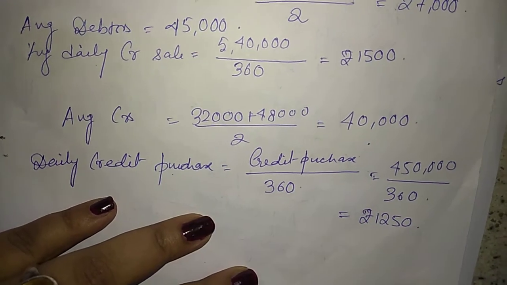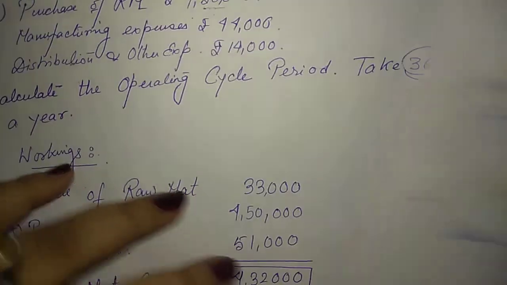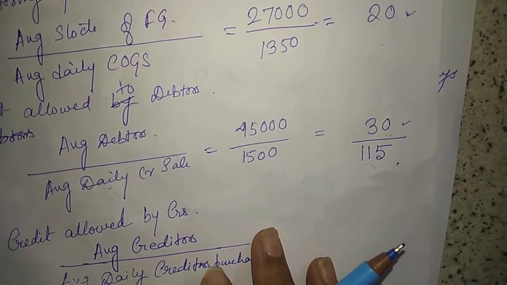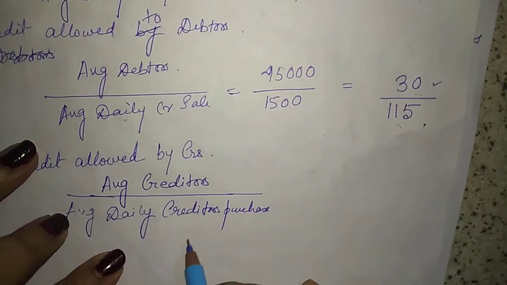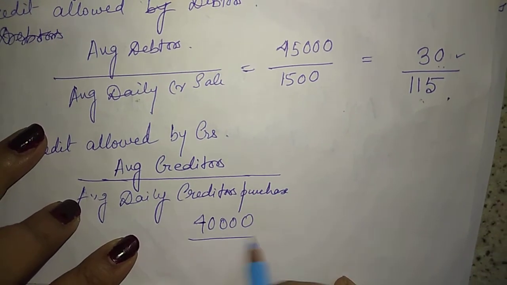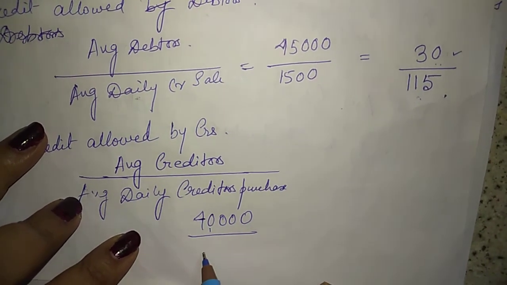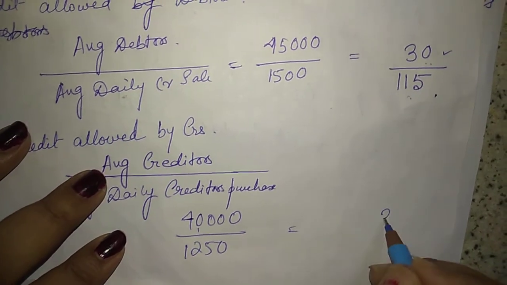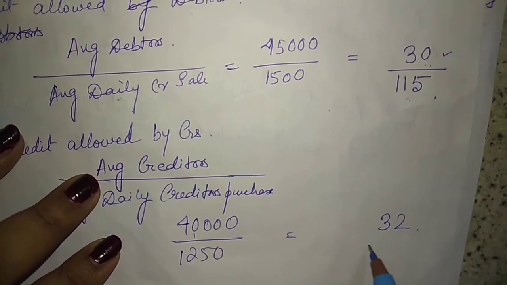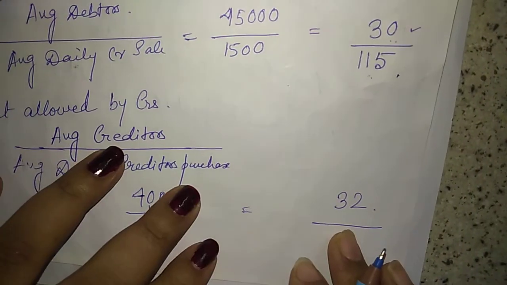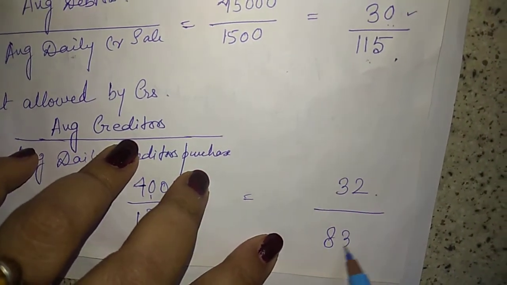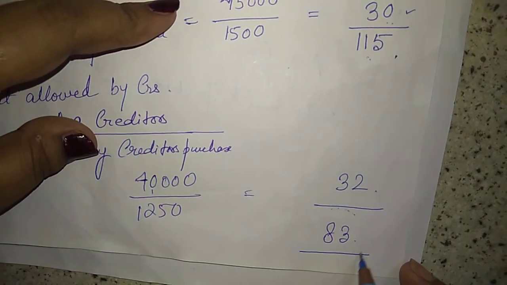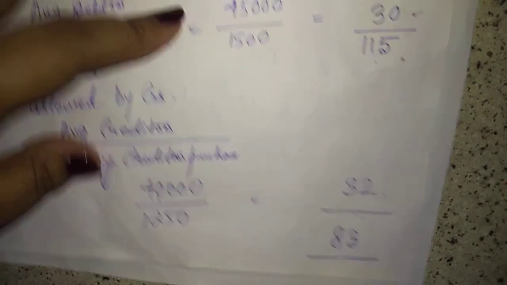So here average creditors is 40,000 divided by 1250, that is 32 days. So I am getting a relaxation. It is reducing my operating cycle period, so it's 83 days. So in total my money is stuck in the entire process for 83 days.